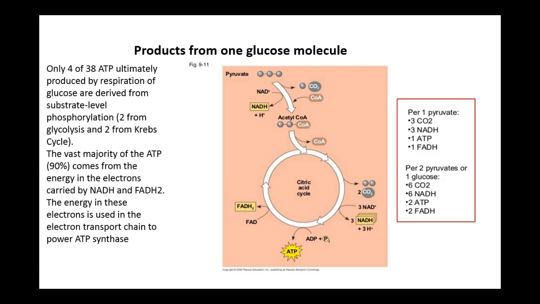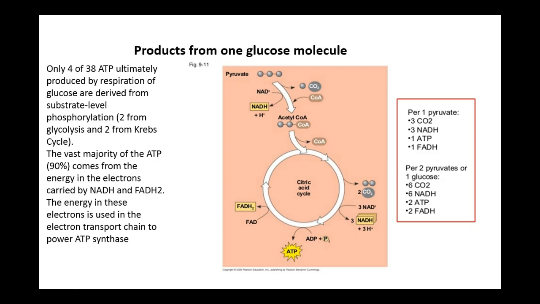And then you have more definition of the products of the glucose molecule. Only 4 of the 38 ATP ultimately produced by respiration of glucose are derived from substrate level phosphorylation: 2 from glycolysis, 2 from the Krebs cycle. This is per glucose molecule.